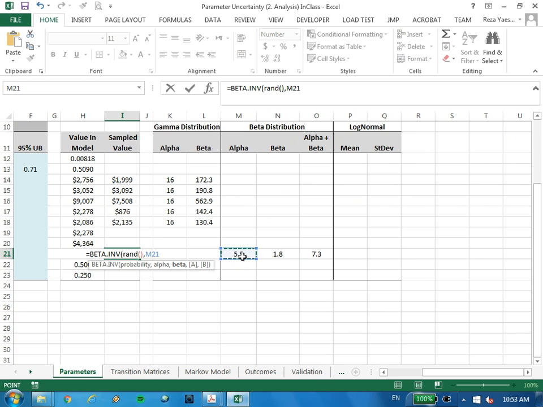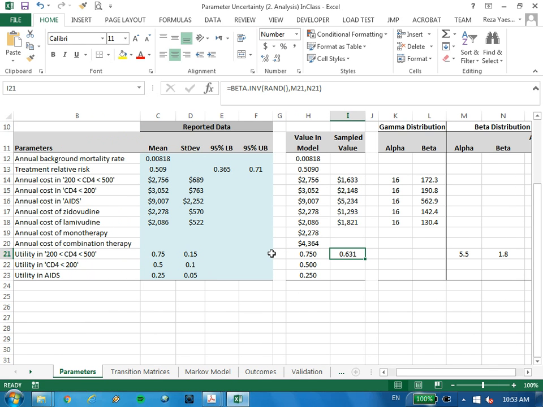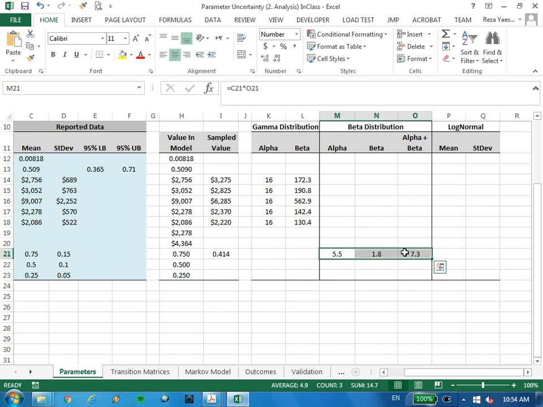The alpha is located here, and the beta is located here. Whenever I refresh, I get a new sample for the utility weight in this state. Let's copy and paste everything down.